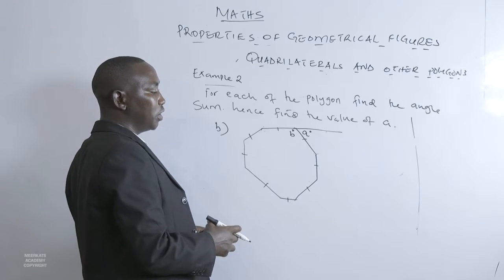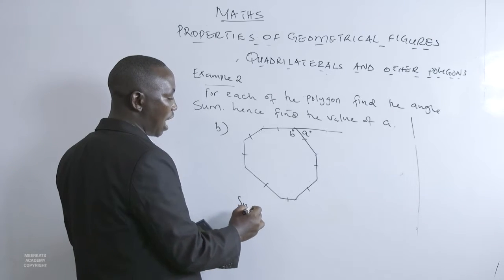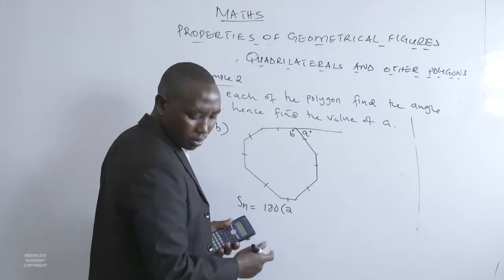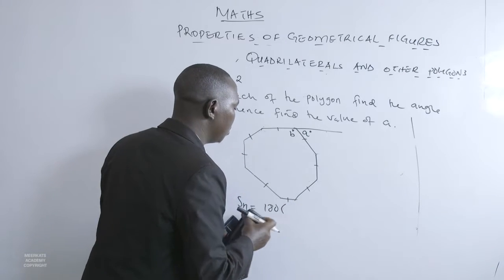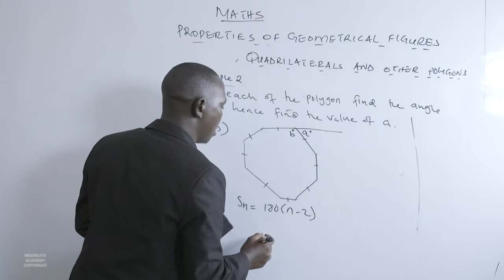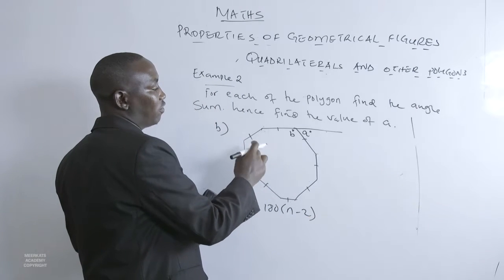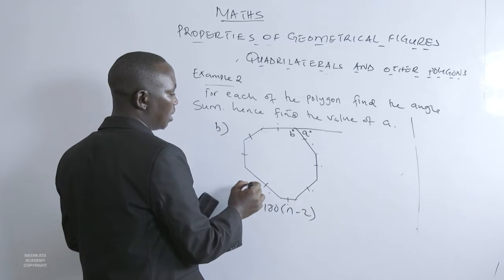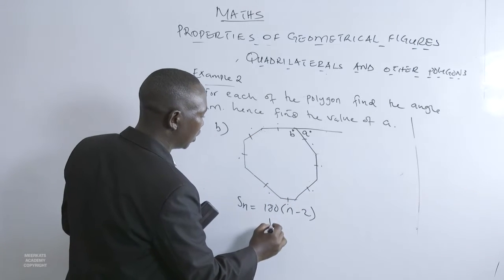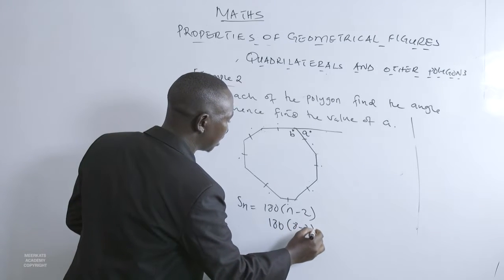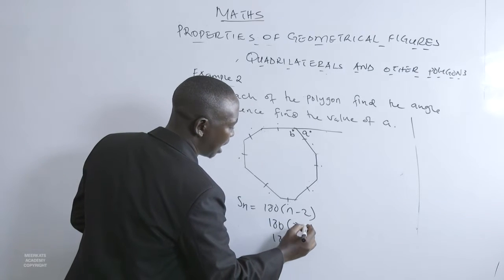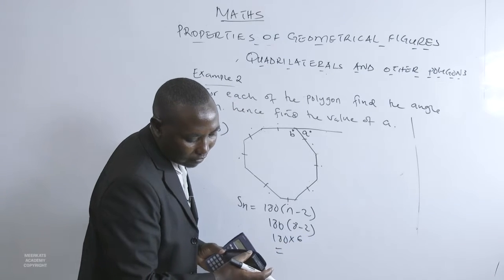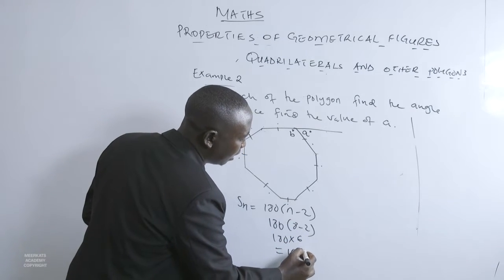Alternatively, we can use the sum of interior angles, which is 180 into n minus 2, where n is the number of sides, which is 1, 2, 3, 4, 5, 6, 7, 8. So that will be 180 into 8 minus 2, which is 180 multiplied by 6, giving us 1080 degrees.